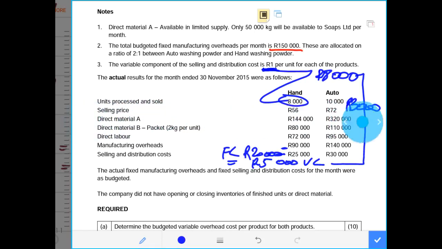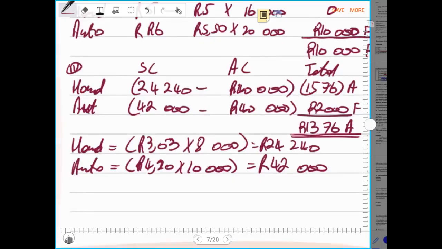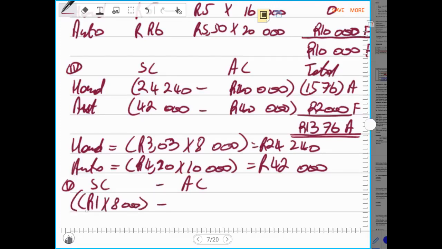So now let us go and do the workings for that last variance, which is number 5. Number 5 will be standard cost minus actual cost. Our standard cost would have been 1 rand times by 8,000 units minus actual cost.